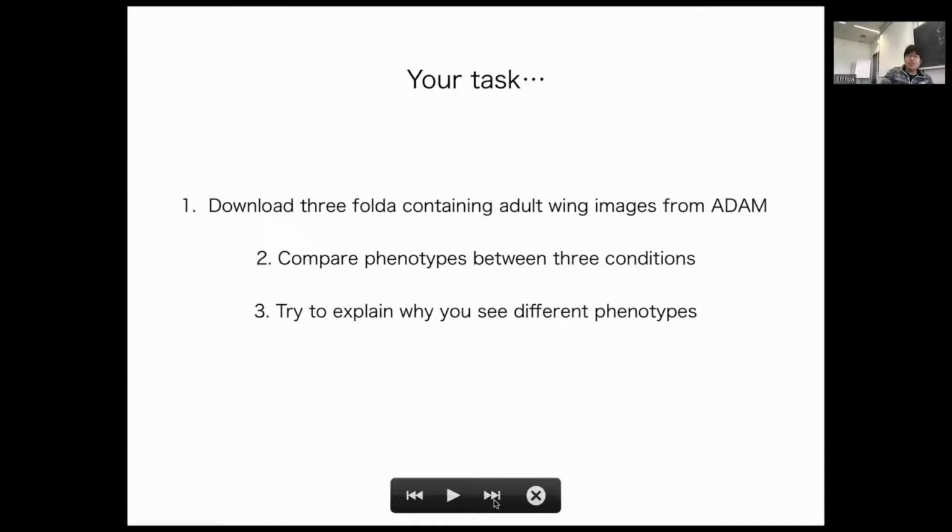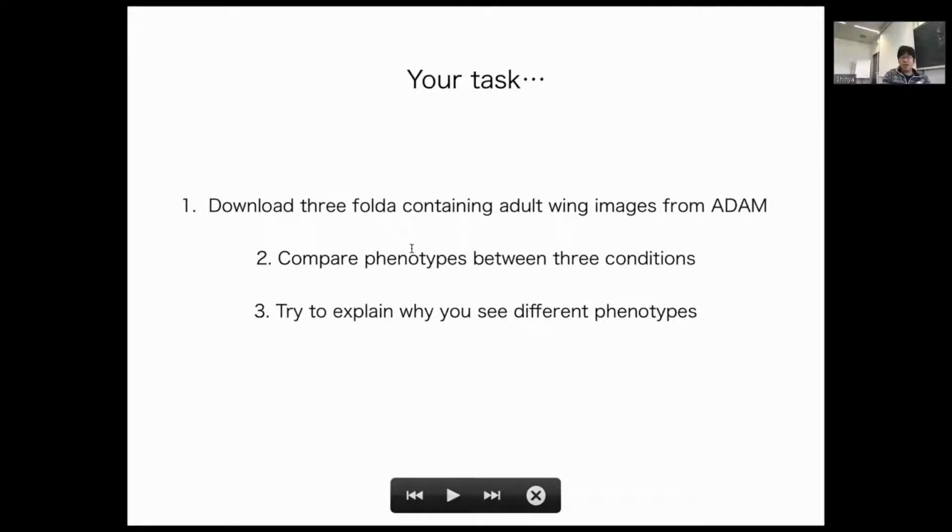Now, maybe during the 15-minute break, go to ADAM and download this folder of images of the three genotypes.